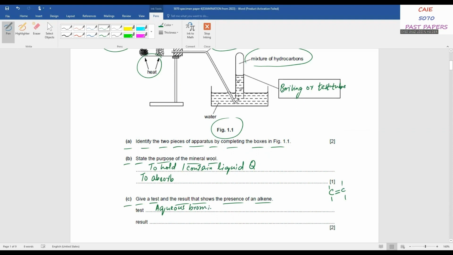Aqueous bromine or bromine in cyclohexane. Result is very easy. Turns from brown to colorless. You can even write decolorized.